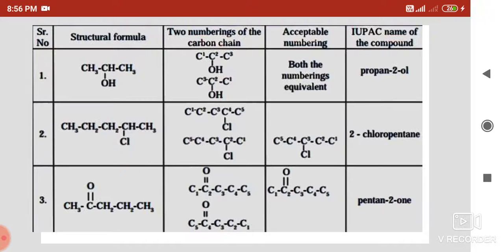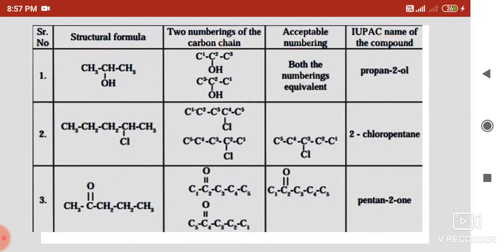Similarly, now the second example: CH3, CH2, CH2, CHCl, CH3, with Cl attached to the second carbon. While numbering, if you number from left to right, the carbon attached to Cl is the fourth. If you go from right to left, Cl is attached to the second carbon. So we have to select the numbering in which the carbon attached to the functional group gets the minimum number.